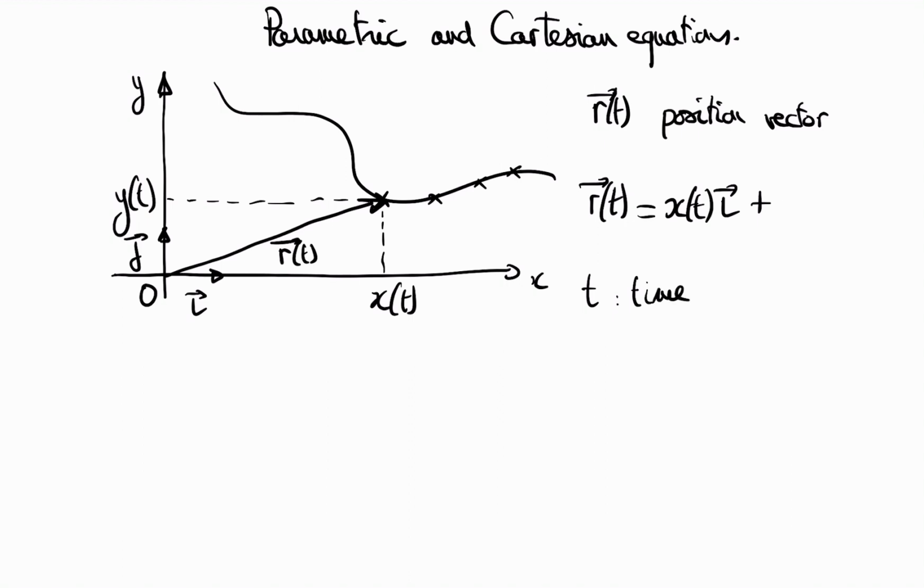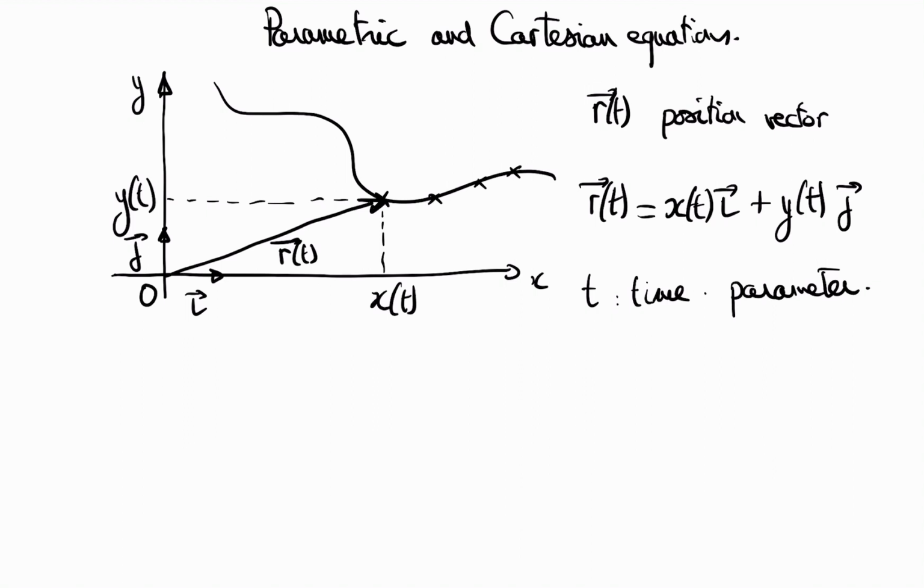And then there is a y component, which is also a function of t. So t is a time, and it's also called the parameter, because from this value t, we can perfectly determine the position of the mobile.